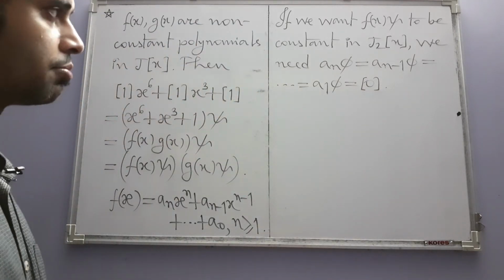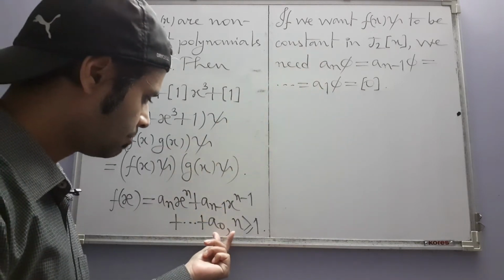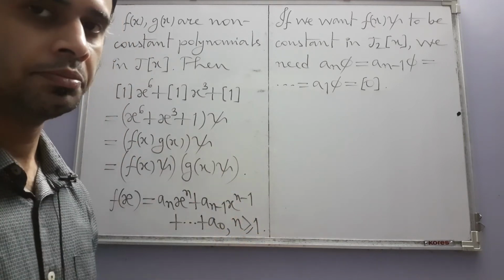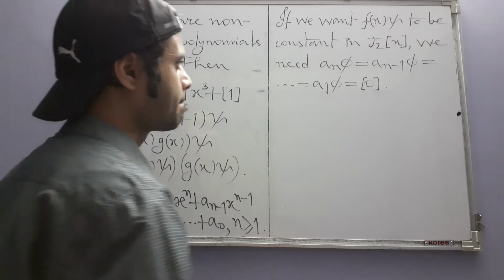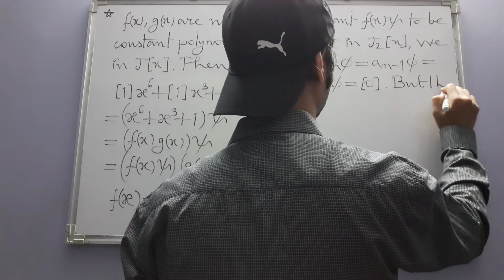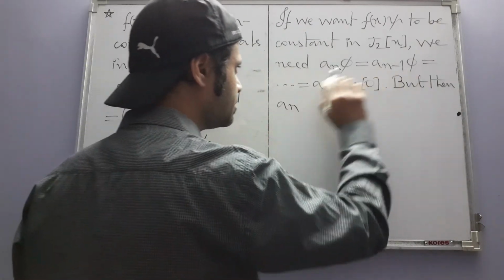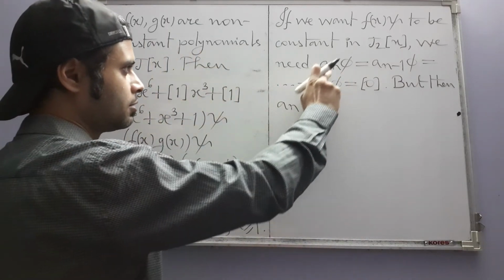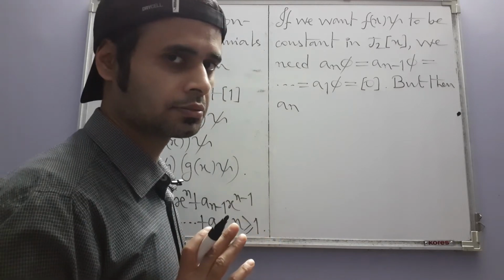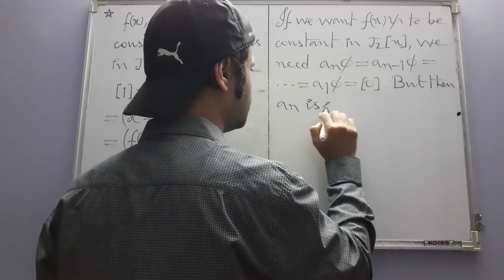But that happens because you see, when this happens, then it will be the constant polynomial a0 phi. Okay. But then an, all of these ai's that are appearing here should be even integers, right? But then an is even.